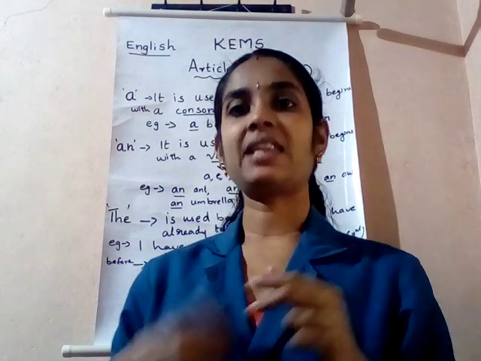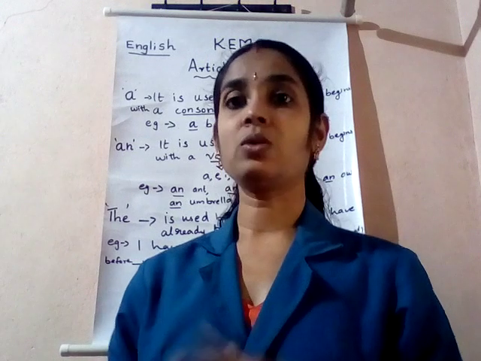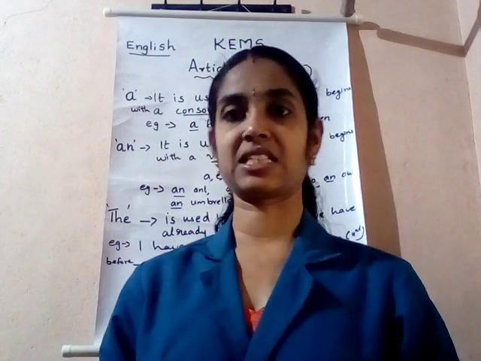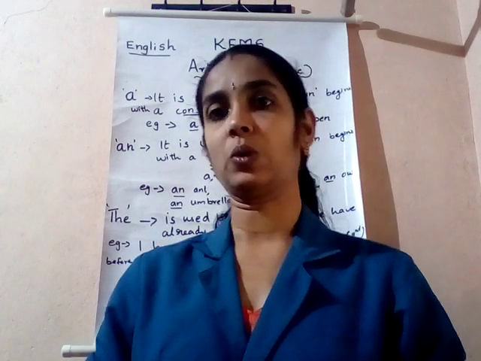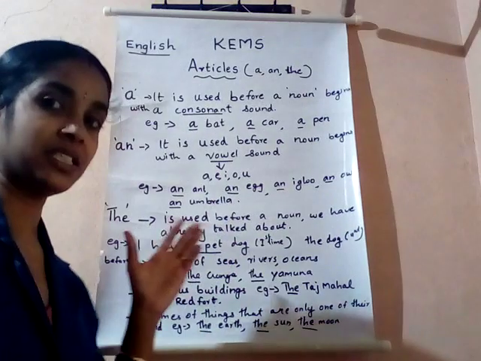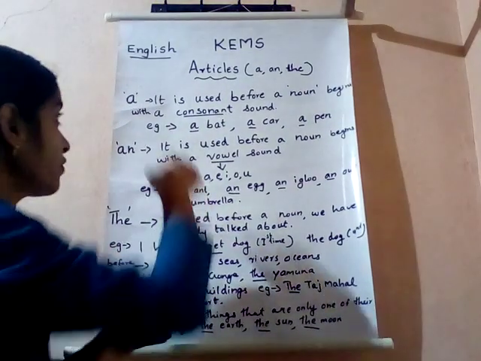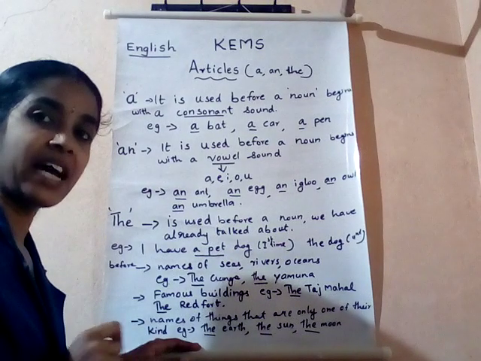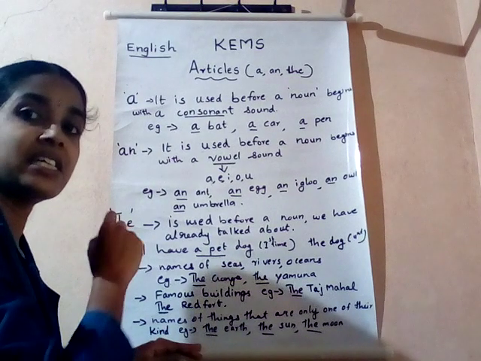So let's check how and where we have to use these articles. What are the rules we follow? Let's find out. Look at your board. First one, a. We say that a and the, the correct pronunciation is a.